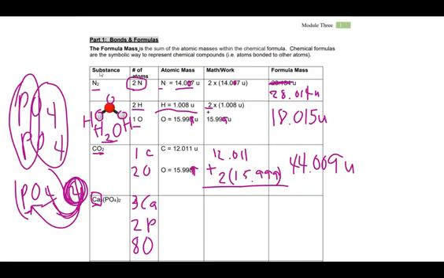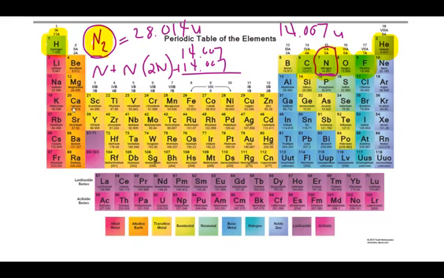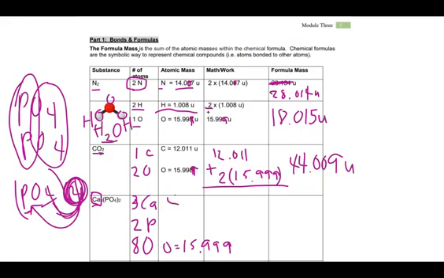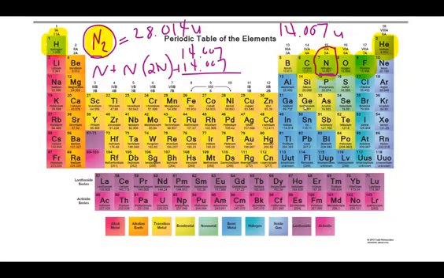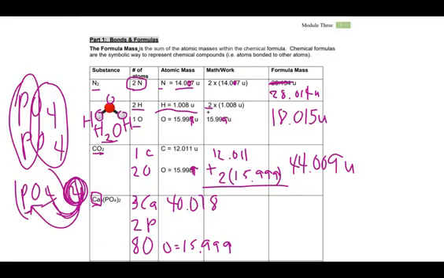So now we need to go back to our periodic table and look up calcium, phosphorus, and oxygen. From up above, we know that oxygen is 15.999. Then we just need to look up calcium, which is right here, 40.078. And phosphorus, which is over here, 30.974.